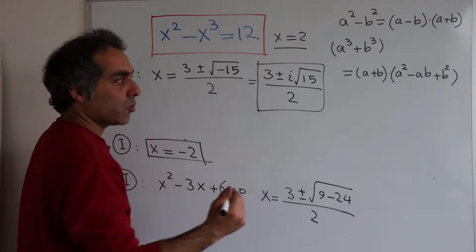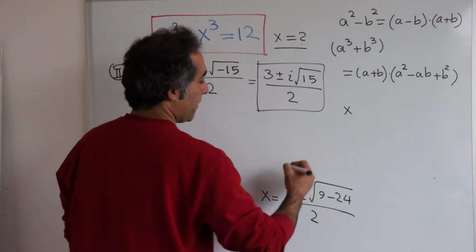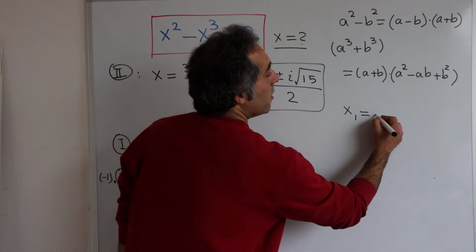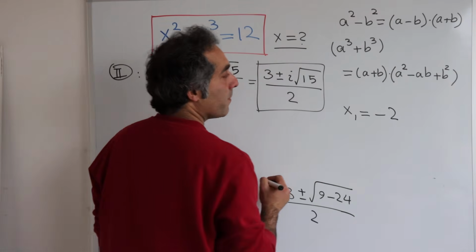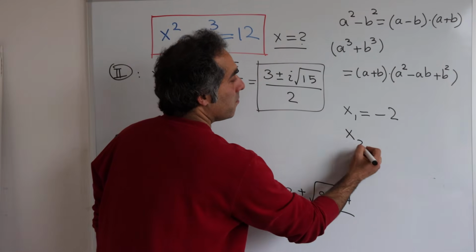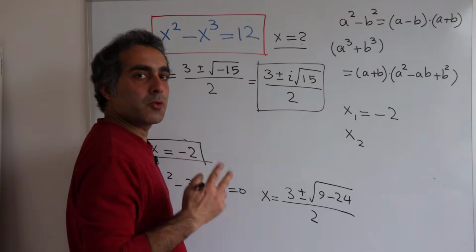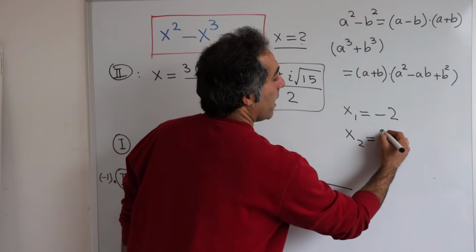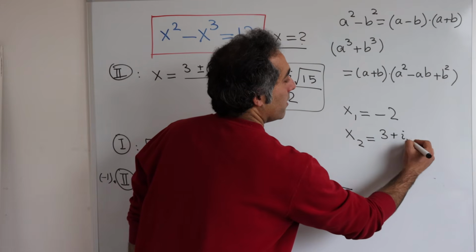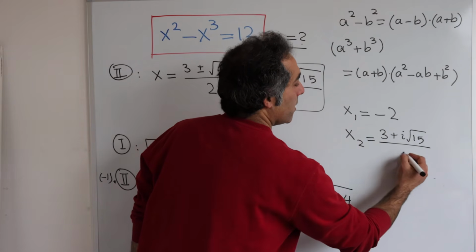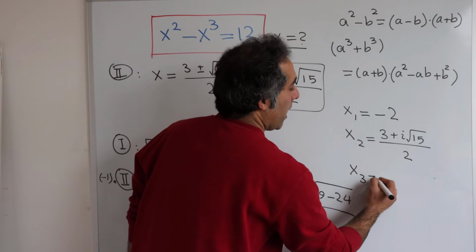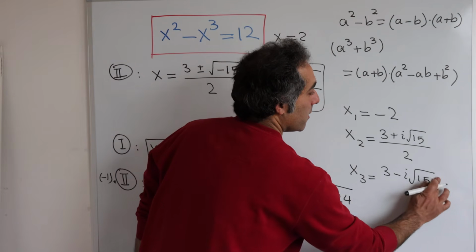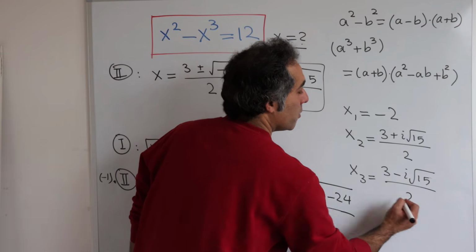We have three roots here, as we explained. The first root is what we obtained here, x equals minus 2. The second root, because these are two roots, the plus and minus, we can write as 3 plus i root 15 over 2, and the last root is 3 minus i root 15 over 2.